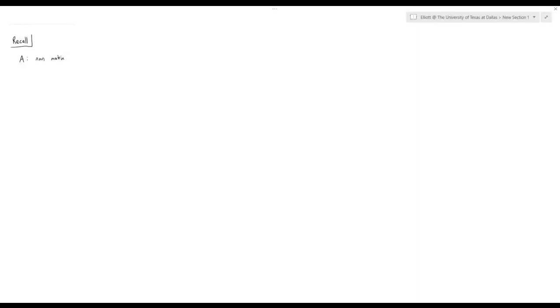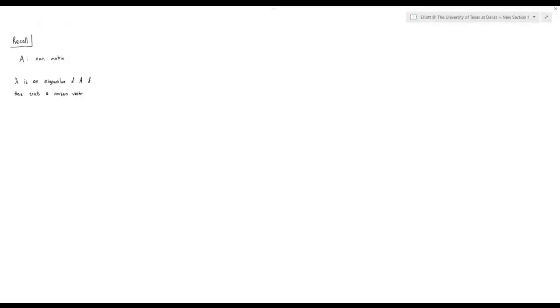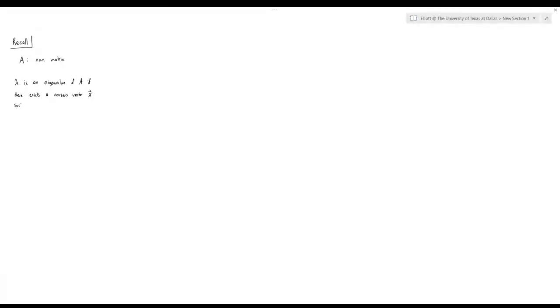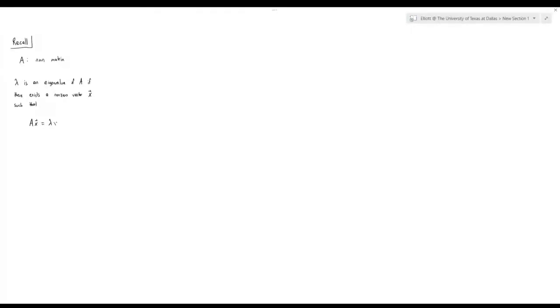Okay, let's say we have a square matrix A. We say that lambda is an eigenvalue of A if there exists a non-zero vector x such that A times x is equal to lambda times x.